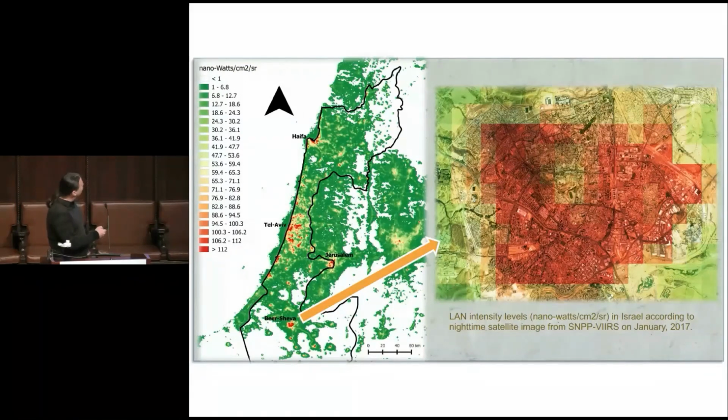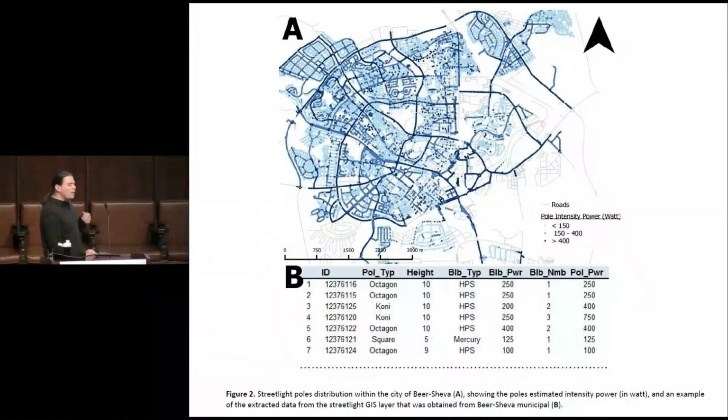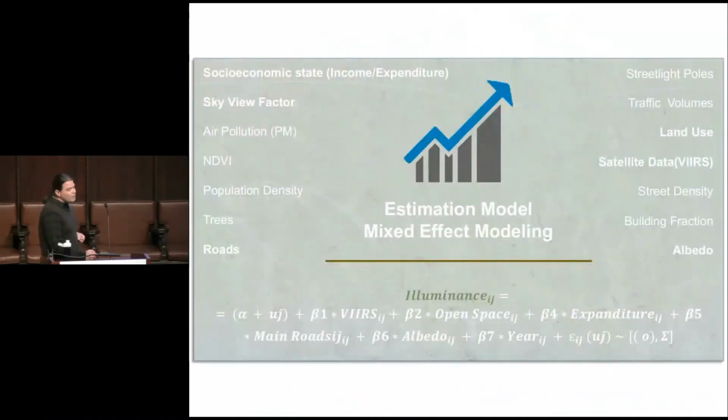This is an example, by the way, of the VIIRS light at night imagery and the satellite zoomed over Beersheba. We have made contact with a lot of major municipalities in Israel, allowing us to build a very rich data set of illumination sources, such as the height of the lamps, the wattage, the type of illumination, and we've worked with the illumination engineers to convert that into luminance.